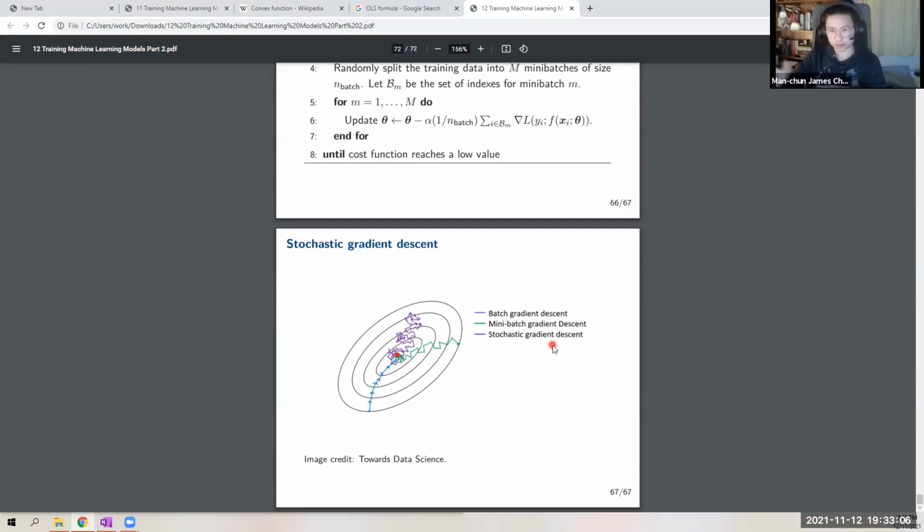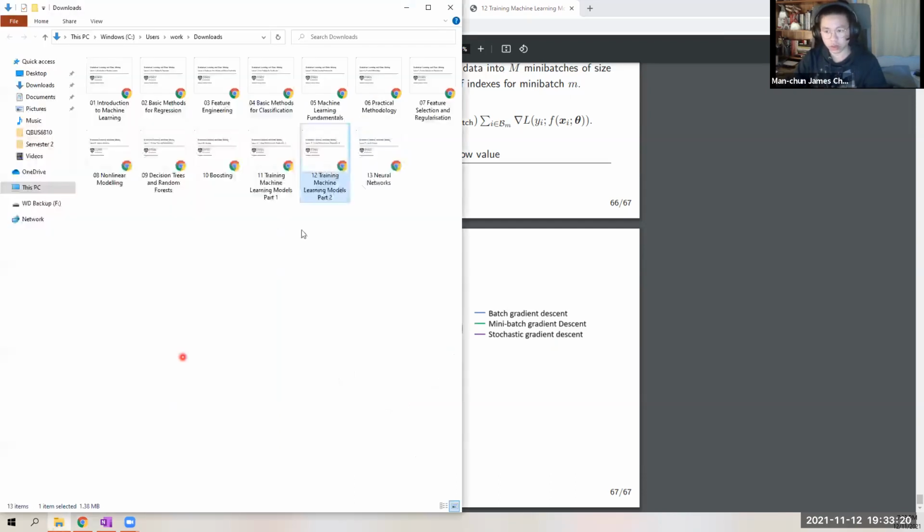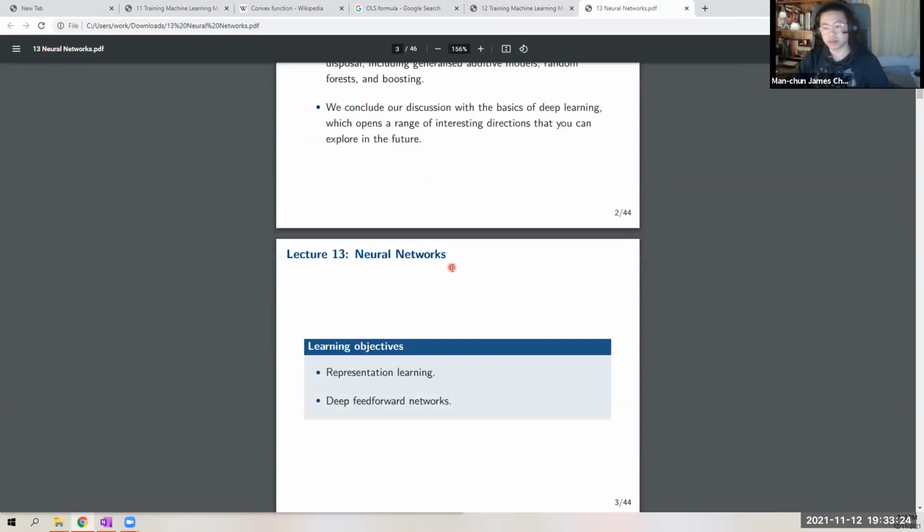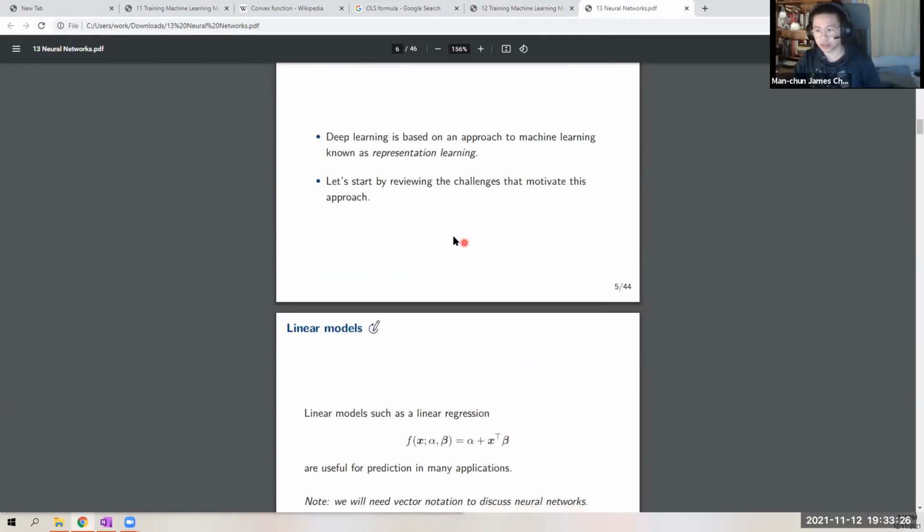And of course, what's good and what's bad. If you're using one data point, it's quicker to compute the gradients, but tends to be a lot noisier. If you're using batch gradient, it takes longer to compute the gradients because you need to compute multiple, but tends to be less noisy.